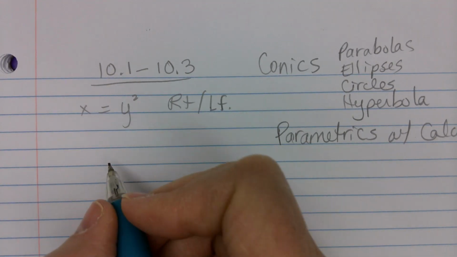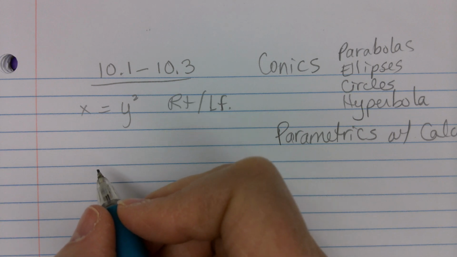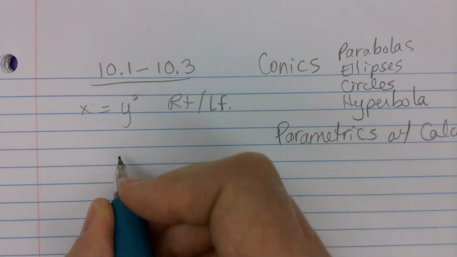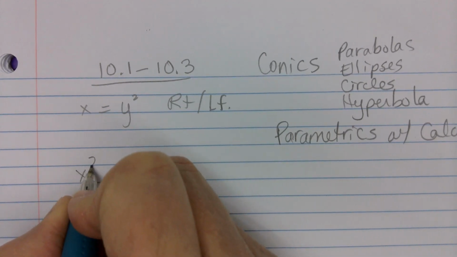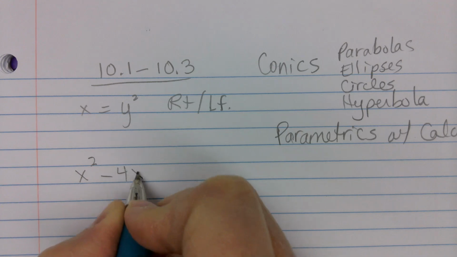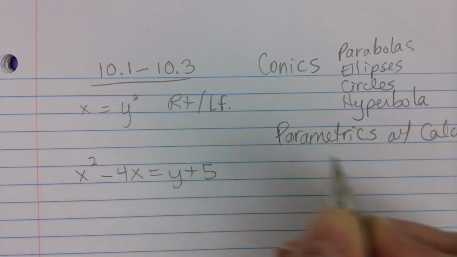If we have the x is squared only and not the y, what's going to go on here?